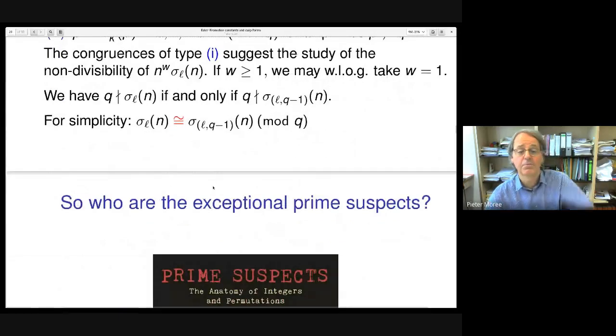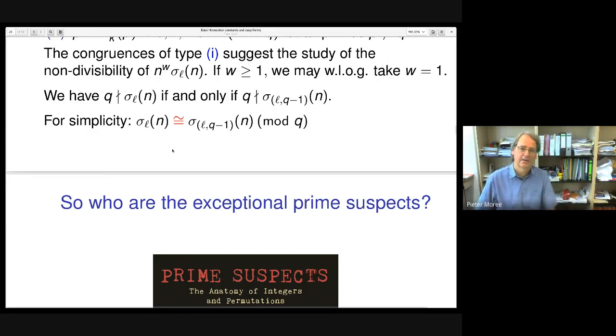An important observation is, it's elementary, but I cannot say it in a few words: if a prime q does not divide this sigma 11 of n, then you just take the greatest common divisor of l and q minus 1. So you can make a huge simplification.